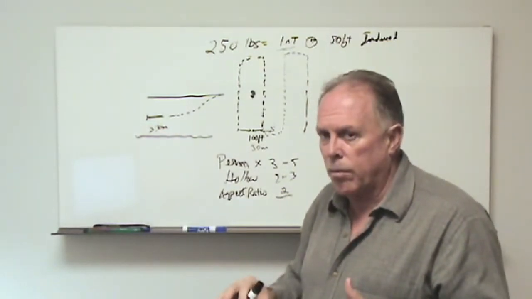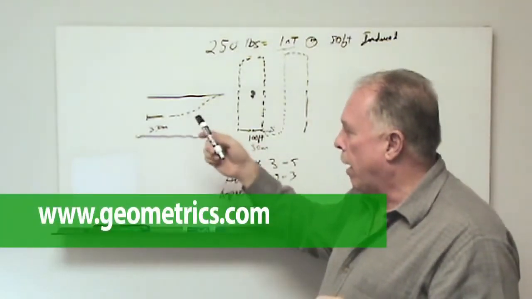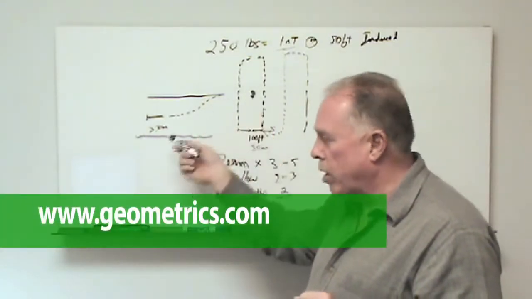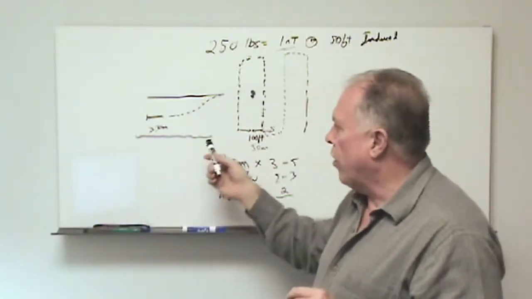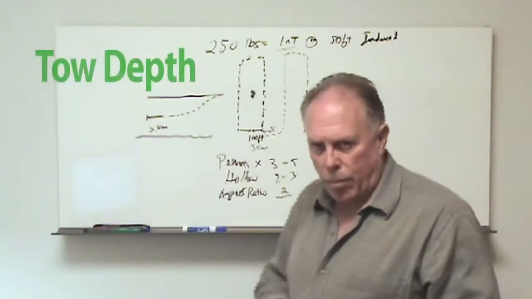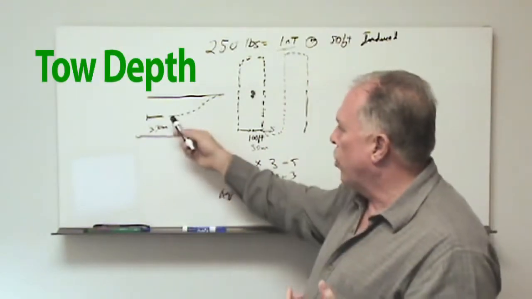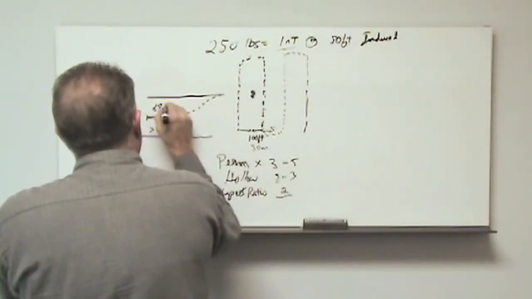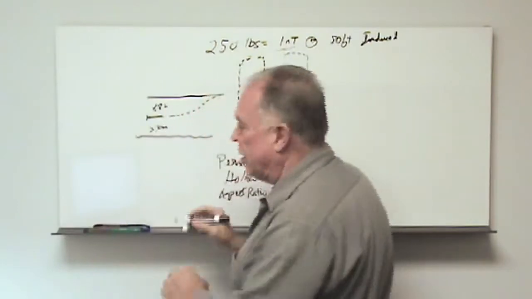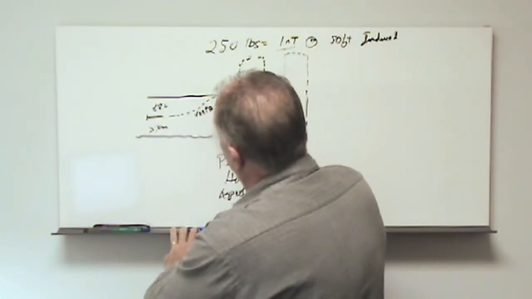We do have on our website, under magnetometers, under marine magnetometers, under G882, an applet called Tow Depth. And Tow Depth is a program that will allow us to put in the type of magnetometer, in this case an 882, put in the type of cable, in this case an aramid fiber Vectran cable or Kevlar cable.